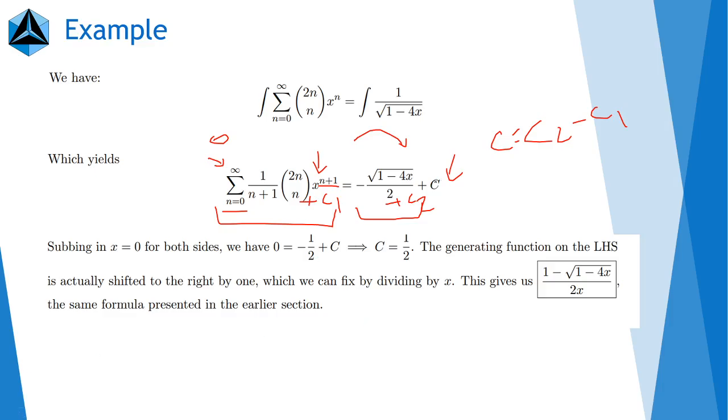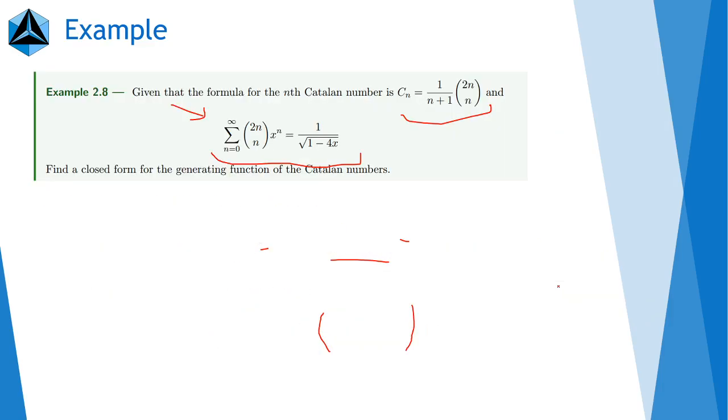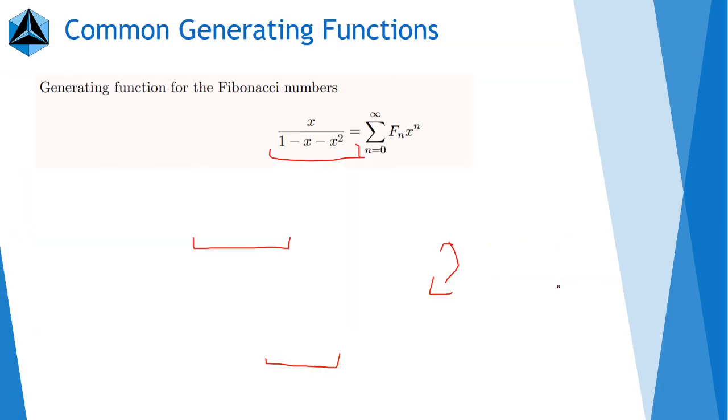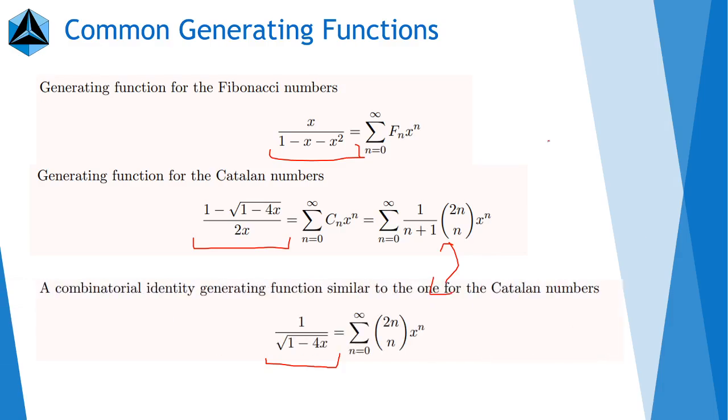So if we add plus 1/2 to here, we get 1 minus square root 1 minus 4x over 2. If you divide by x, we'll fix that shifted to the right by 1 problem, and that'll give us the closed form, which is 1 minus square root 1 minus 4x over 2x. And if you go back a few slides, you can see right here, that is indeed what the expression is.